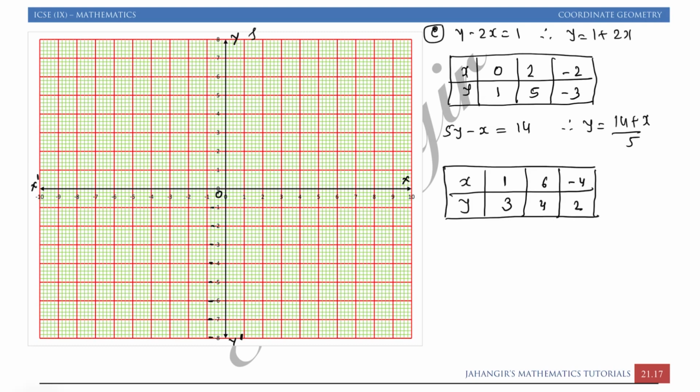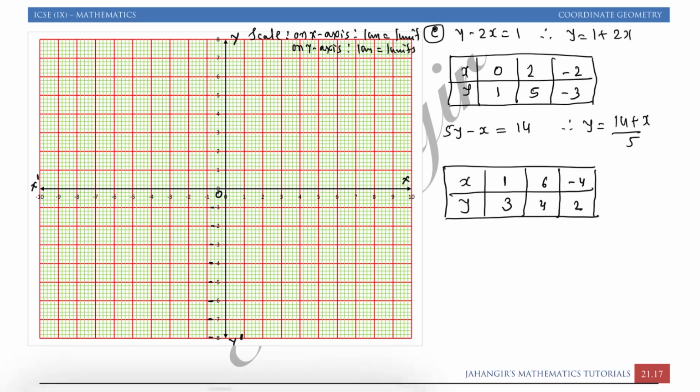Scale you can write. On x-axis 1 centimeter is equal to 1 unit. On y-axis 1 centimeter is equal to 1 unit.